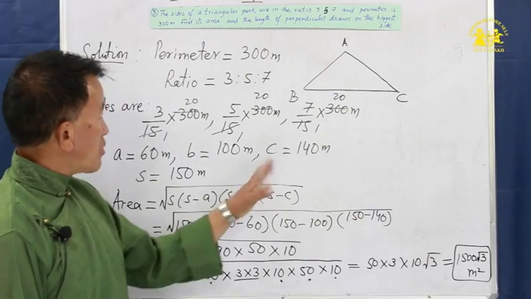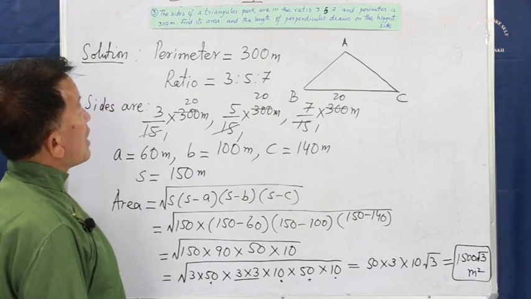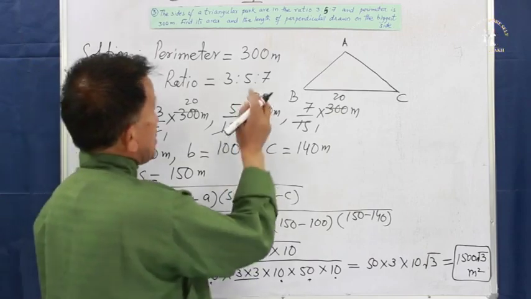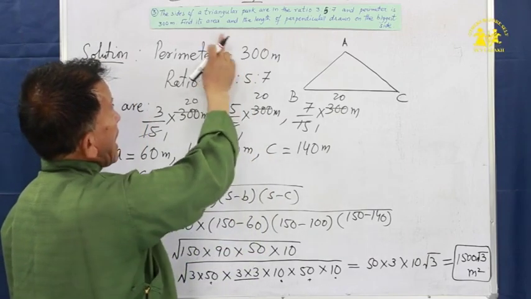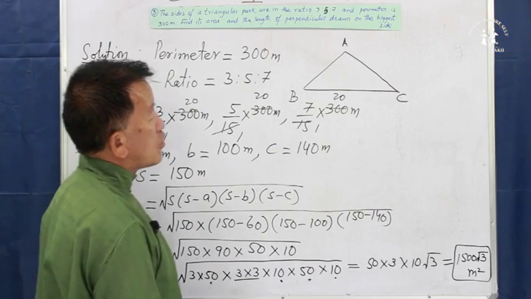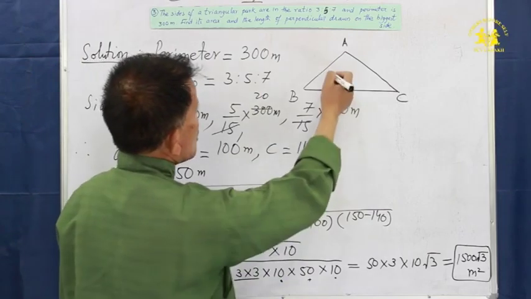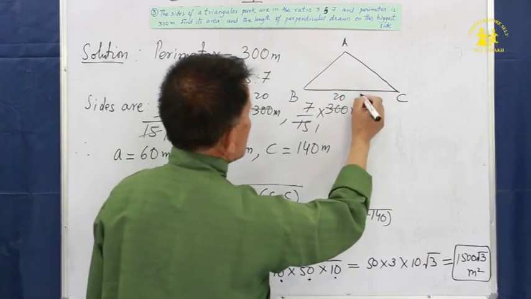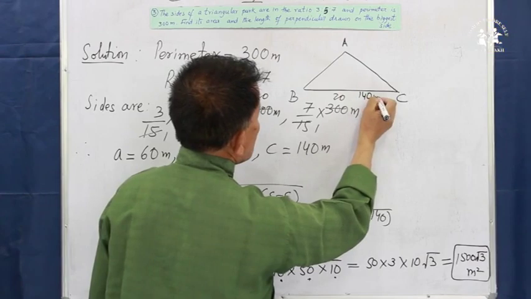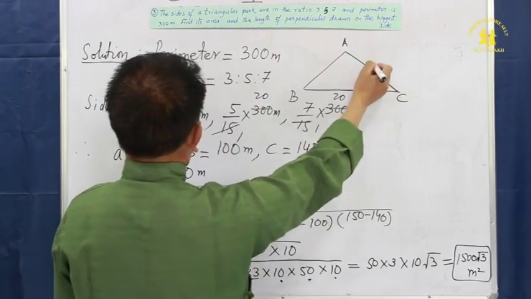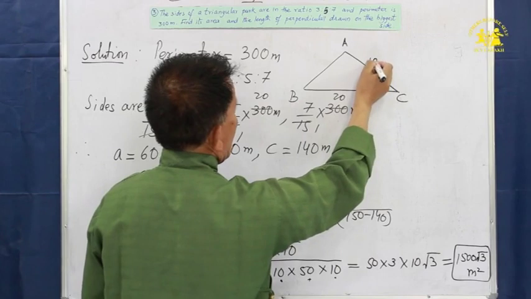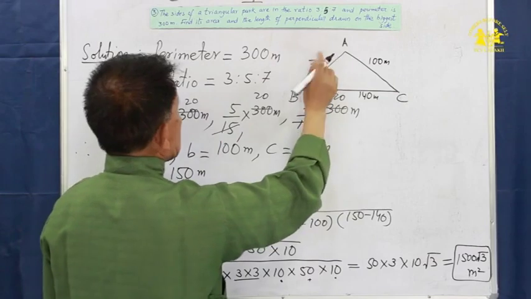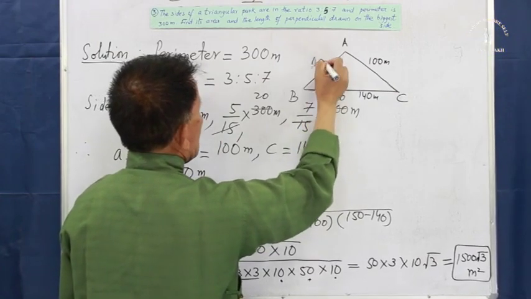Now the second part of the question: find the length of the perpendicular drawn on the bigger side. In this case, the biggest side is 140 meter, the second one is 100 meter, and the last is 60 meters.